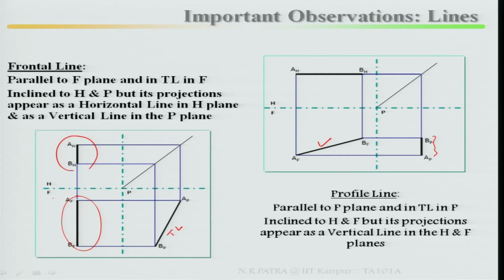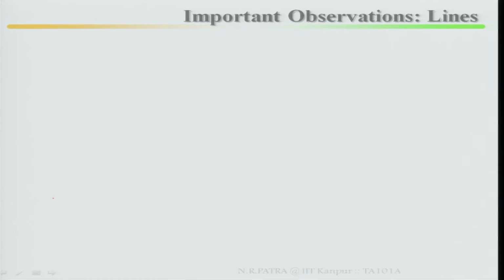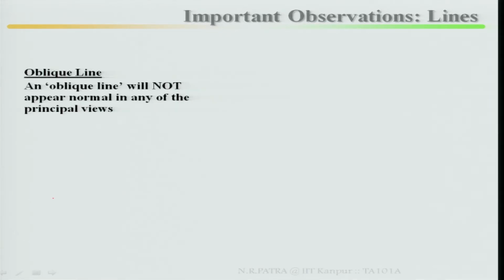These are all important observations about the lines. A line may be in the horizontal plane, the frontal plane, or the profile plane. Now, come to the next one, straight lines, parallel or slightly inclined.